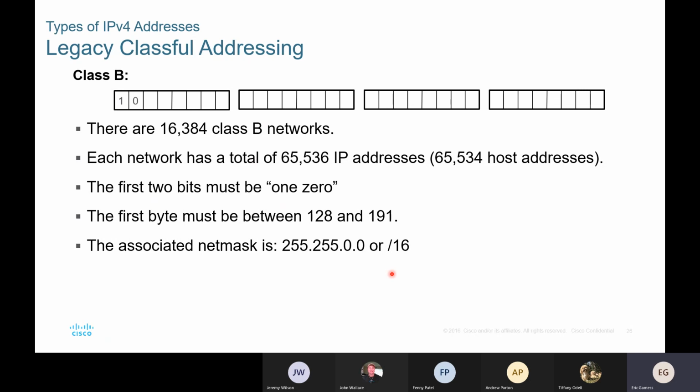And in dotted decimal notation, it will be 255, which is eight 1s here, dot 255, which is another eight 1s here, dot 0 to say that this byte is host, dot 0 to say that this byte also belongs to the host part. So these 2 bytes belong to the host part, while these 2 bytes belong to the network part. Okay, so this is the net mask. The net mask tells me where is the separation between the network part and the host part.